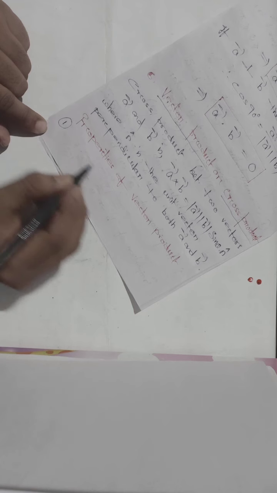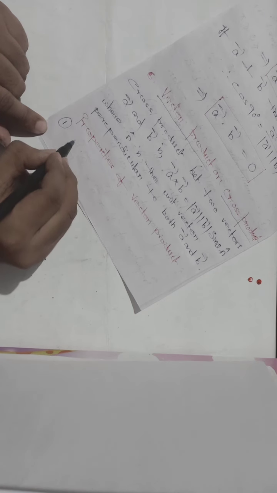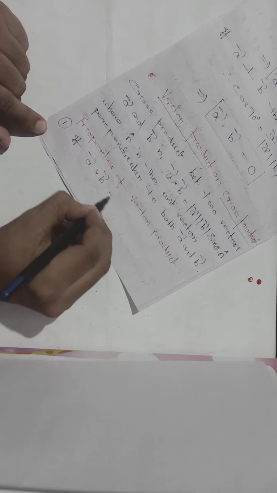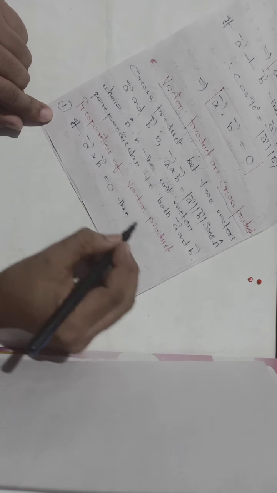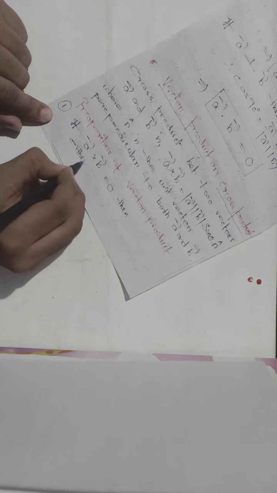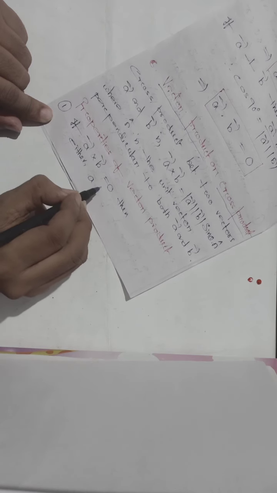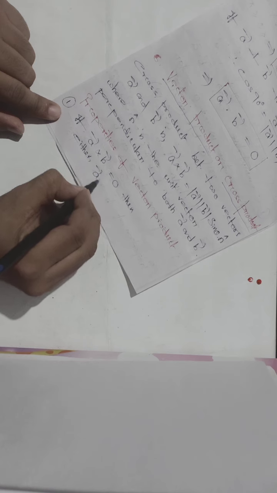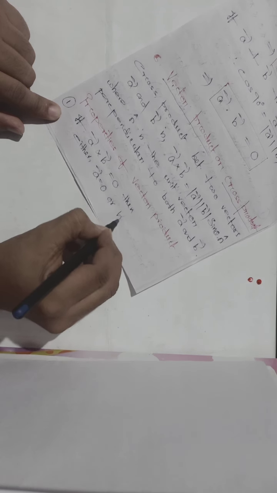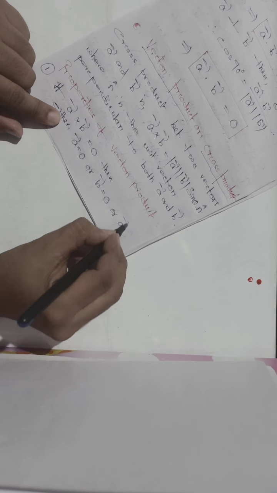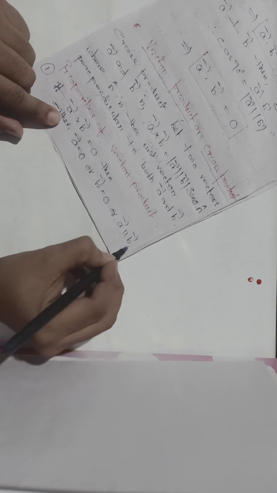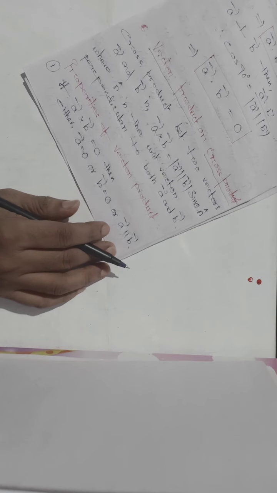Number 1, if A cross B equal to 0, then either A equal to 0 or vector B equal to 0 or A vector is parallel to B vector, right?